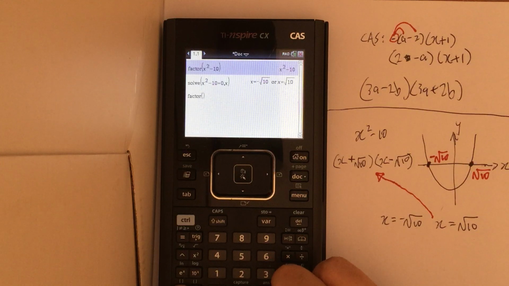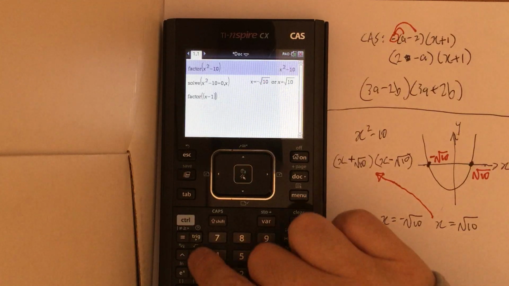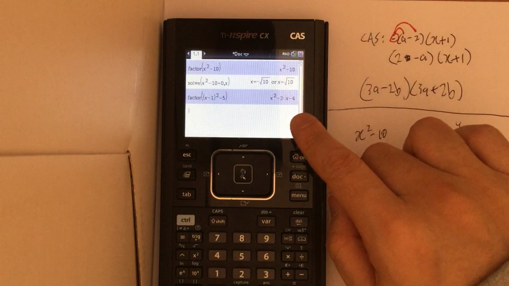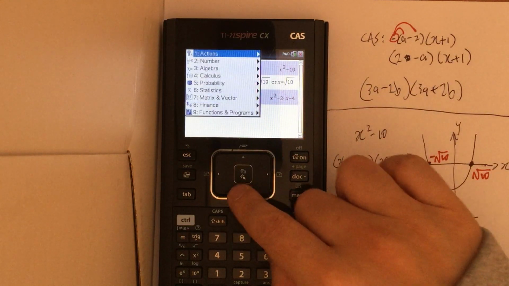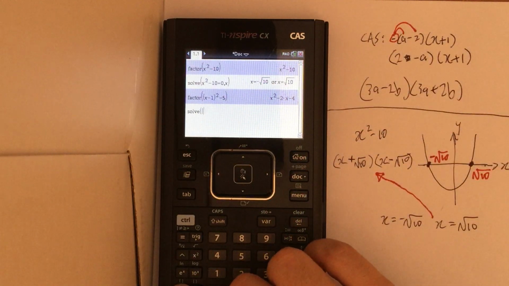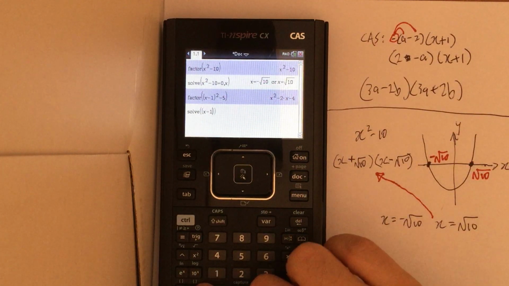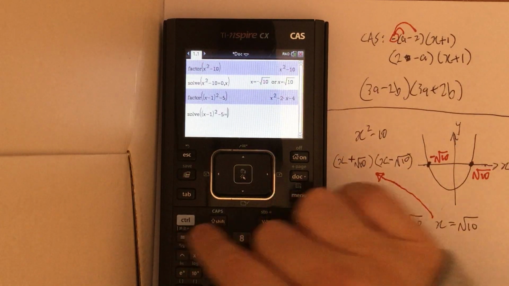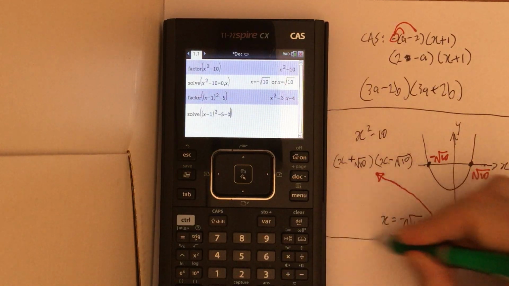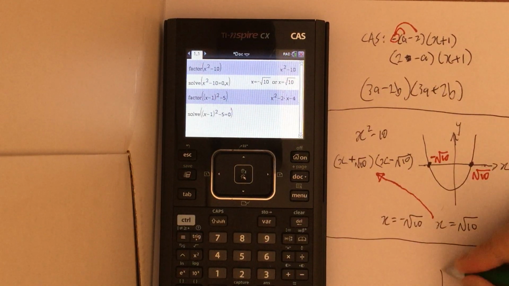Can we do the following? I mean, the next one here is going to be a bit harder. So (x minus 1) squared minus 5. I got a feeling, you see, it doesn't give you anything. So we need to go to algebra, solve for this. You basically go (x minus 1) squared minus 5 equals 0, because I have a feeling that this graph is going to be another one of those graphs here.